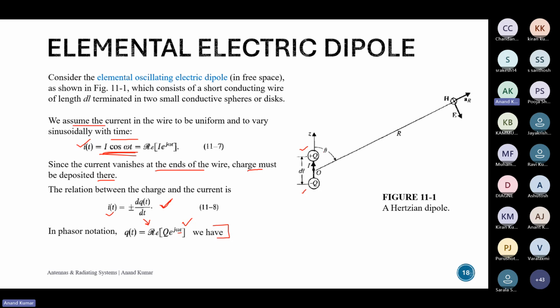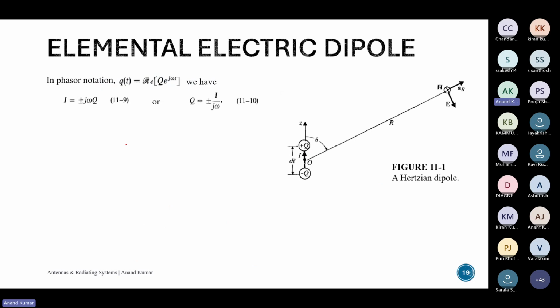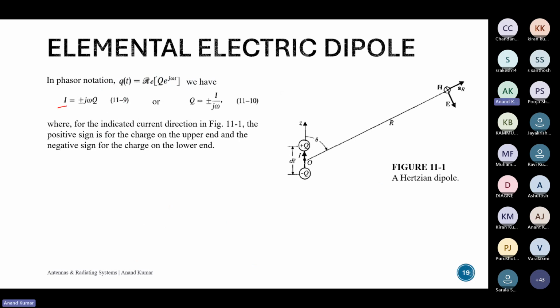The important thing is we defined the setup and the current, which means we have defined J. So we have the expressions for the current and the charge, and now we have the current distribution and the charge distribution.